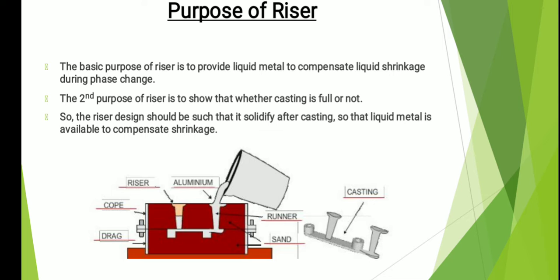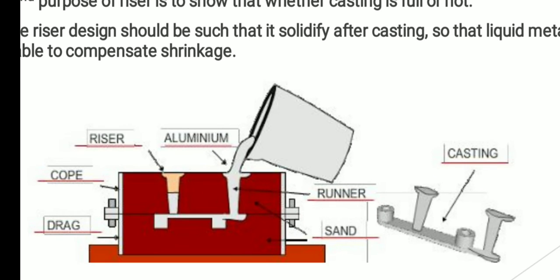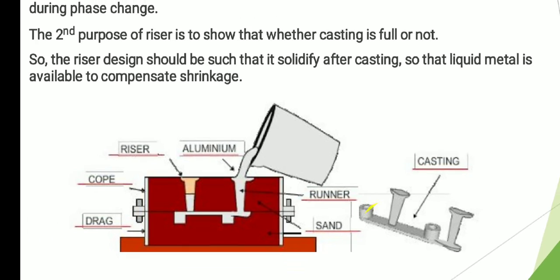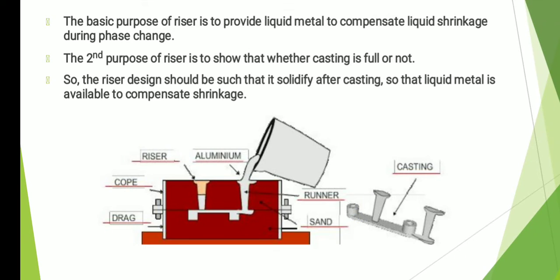As you can see in the picture, there is a riser. So what is the function of riser? The basic purpose of riser is to provide liquid metal to compensate liquid shrinkage during the phase change.